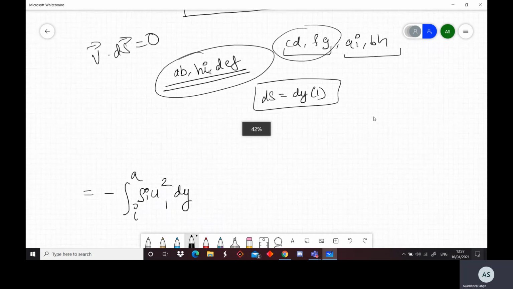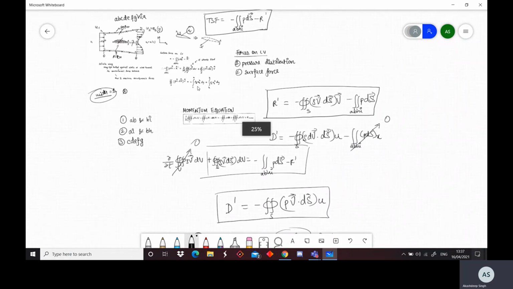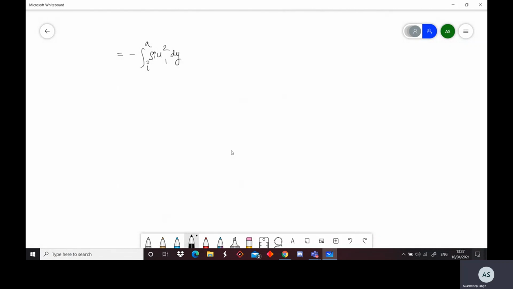It is written squared over here, so I'm assuming it is squared. I shall derive how the square comes, but for now I'll just write it down: U1 squared, plus the integral from H to B of rho 2, which is the density on the other side, U2 squared, where U2 is the velocity on the other side dependent on y, dy.